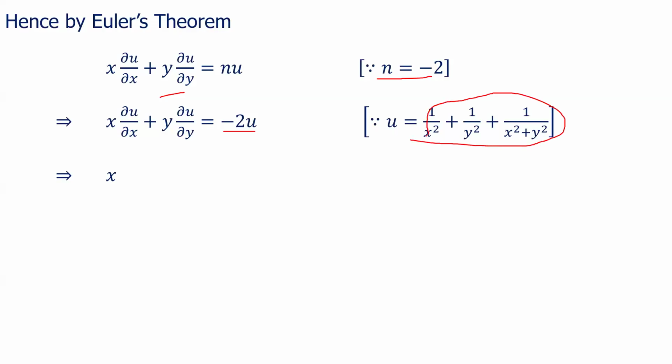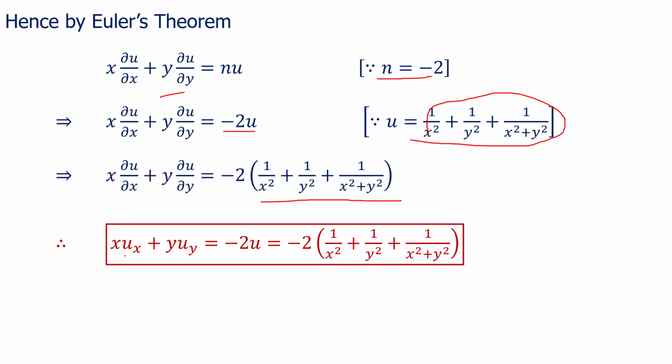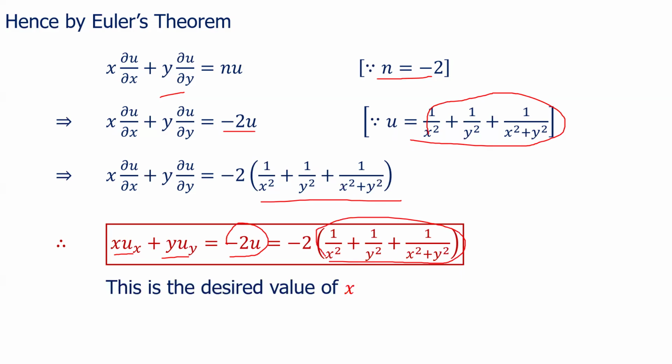We can also put the value of u, which is 1 upon x square plus 1 upon y square plus 1 upon x square plus y square. And this is the answer. So the value of x del u del x plus y del u del y is equal to minus 2u, or we can put the value of u in this manner. So this is the desired value of x del u del x, or ux plus y uy. Thank you.